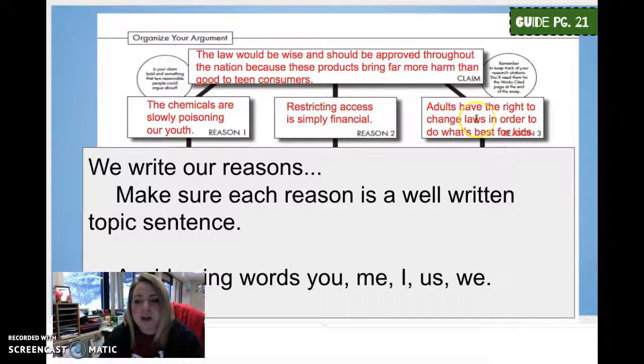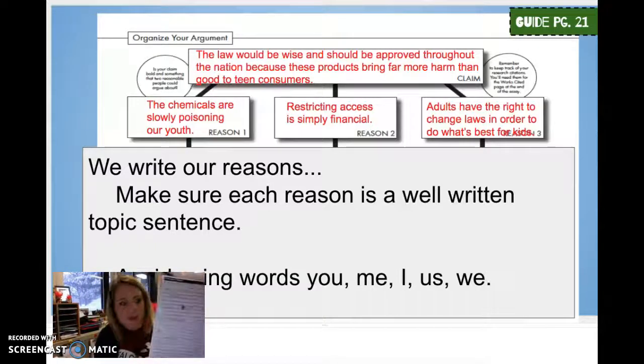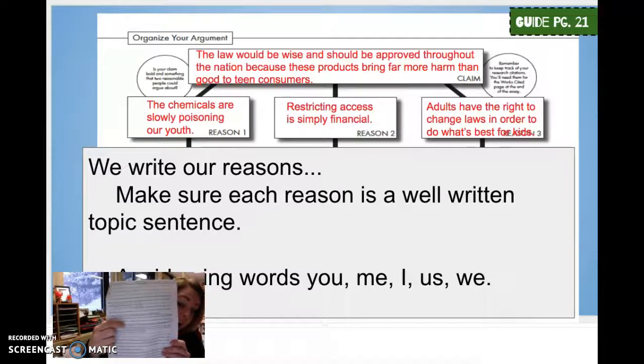And as soon as you find one that you think is a practical reason why someone would disagree, you have to be fair and honest about this. You can't be so closed-minded that you refuse to acknowledge the fact that someone might have an argument against you and their argument has some logic. So you've got to find that logical argument. And then, hold on, I'm going to grab my packet here. When you go to this example essay on page 6 and page 7, you can look at the circle that's in the middle of the page, because that is where the counter argument is in this essay.